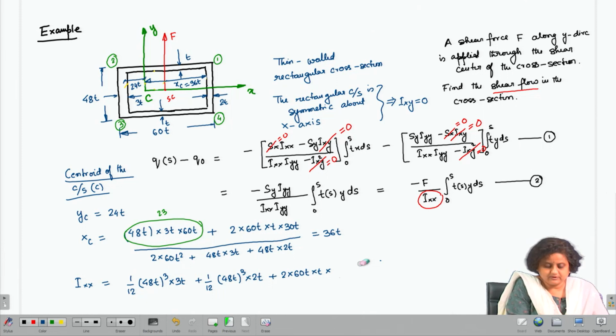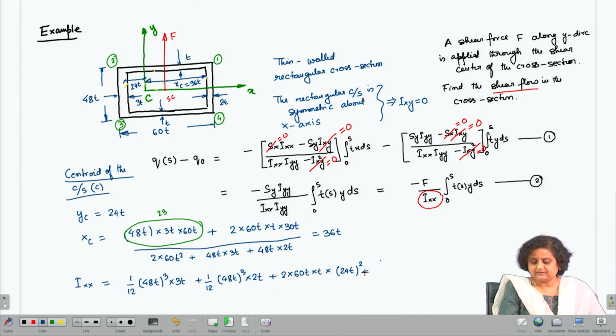So, this is going to be 24 t whole square. So, if we evaluate this, this is going to turn up as 115,200 t cube.